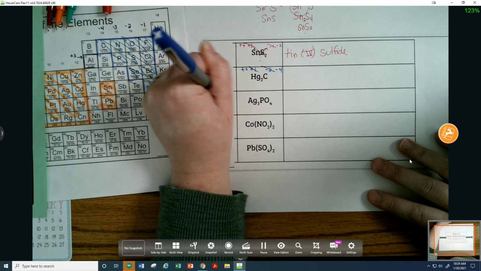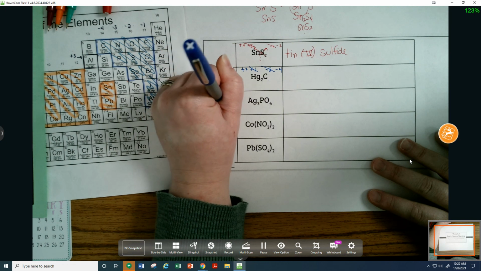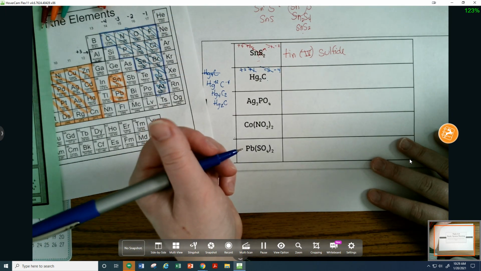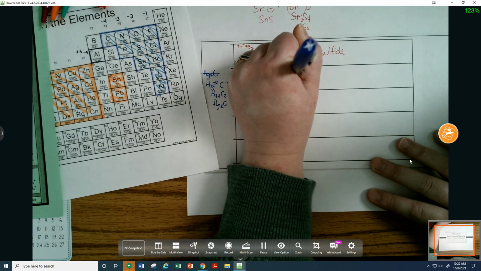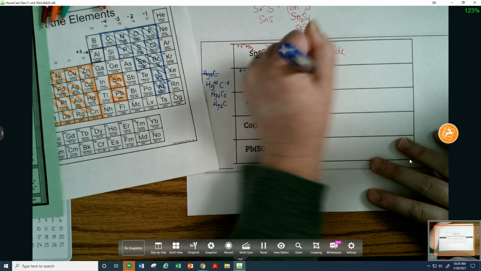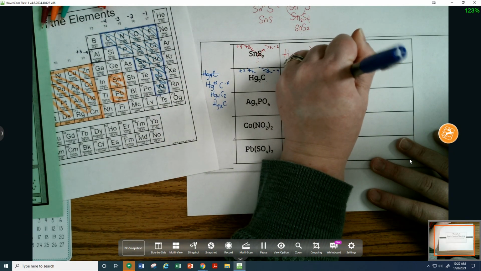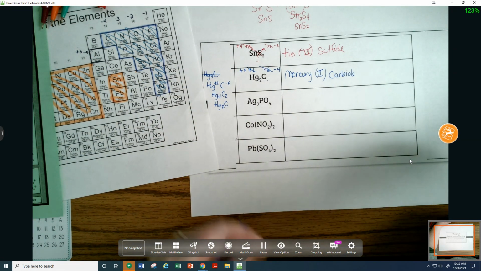We get Hg4C2, which is simplifying to Hg2C. That does match up. So that means the correct answer for this one is mercury(II) carbide.